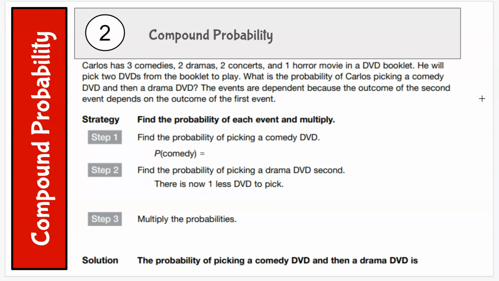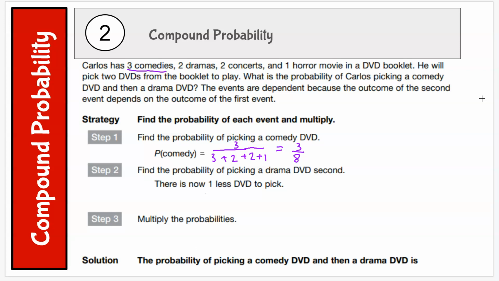So the probability of picking a comedy, well, there's 3 comedies, and he had 3 plus 2 plus 2 plus 1, so 3 out of 8 different options.